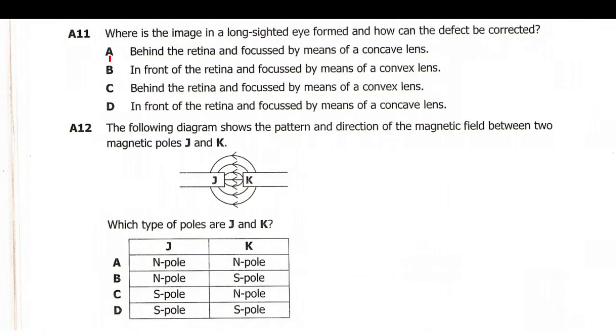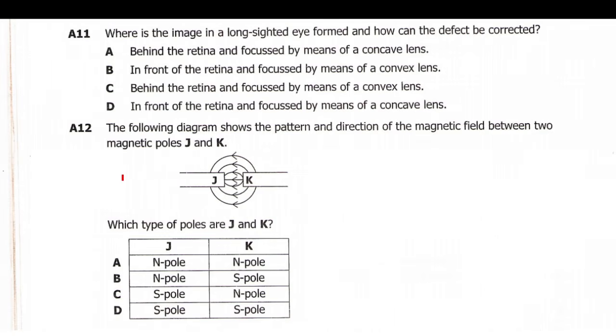Then 11 reads, where is the image in a long-sighted eye formed, and how can the defect be corrected?